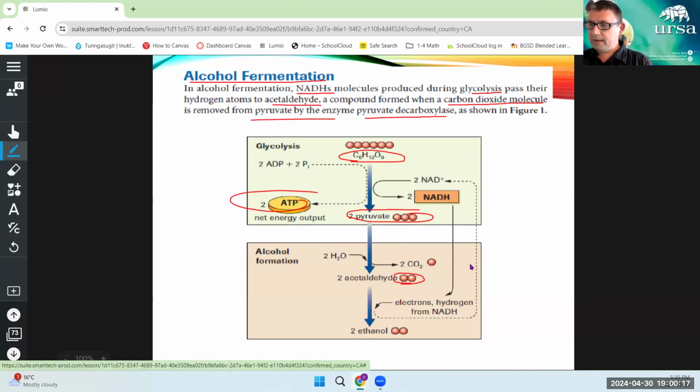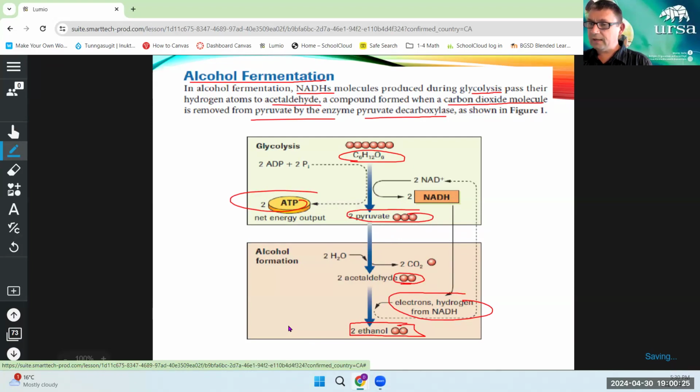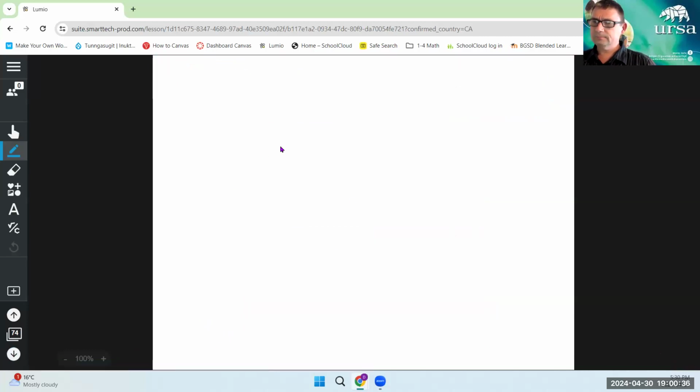The electrons from NADH, hydrogen from the NADH combine to yield ethanol as a product. So ethanol is produced. Again, we have acetaldehyde form and acts as the proton acceptor, the electron acceptor.